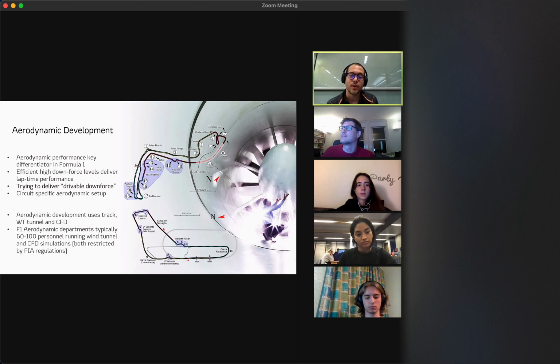So you are trying to add performance by trying to deliver efficient downforce levels. Efficient downforce meaning that you obviously want to increase your load, but you don't want to do it by adding extensive drag, right? And on top of that, you try to achieve this by offering your driver a drivable downforce.